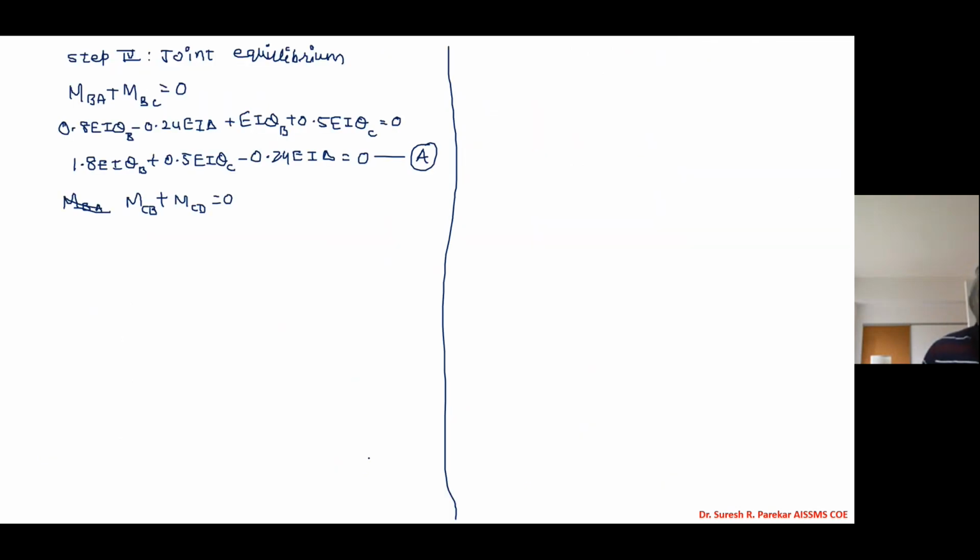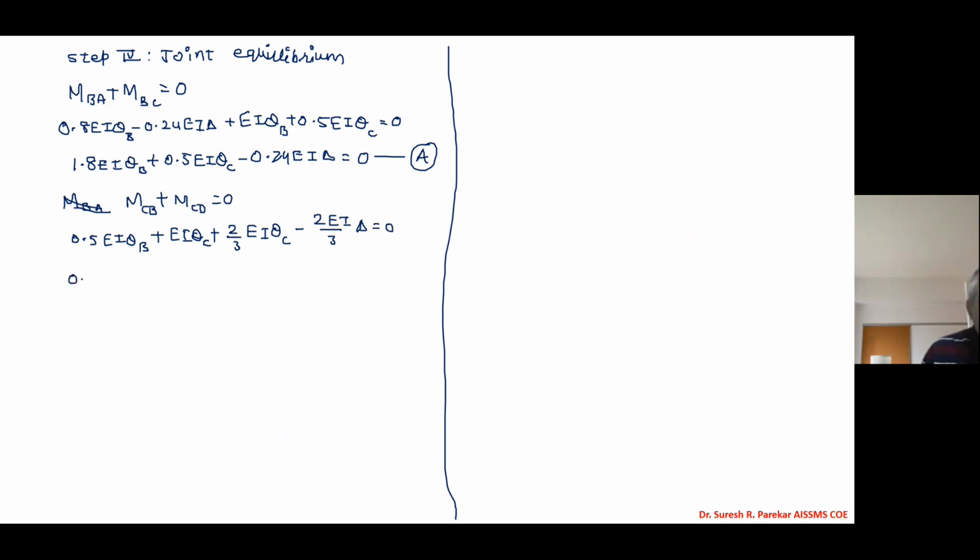So we have MCB 0.5 EI theta B plus EI theta C plus 2 by 3 EI theta C minus 2 EI by 3 delta equal to 0.